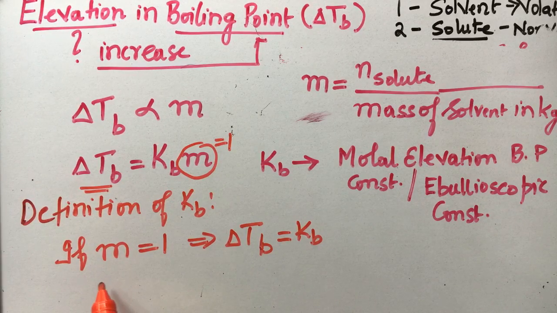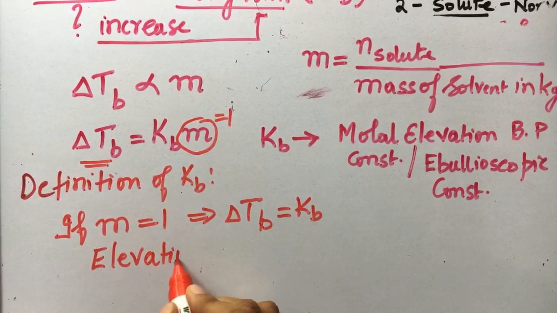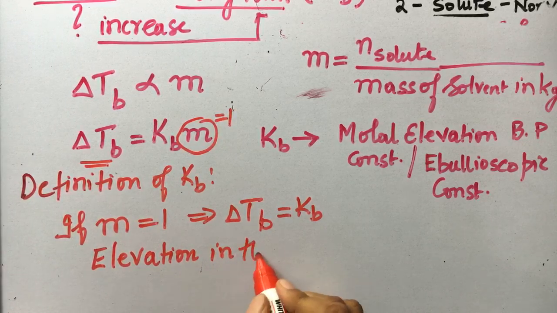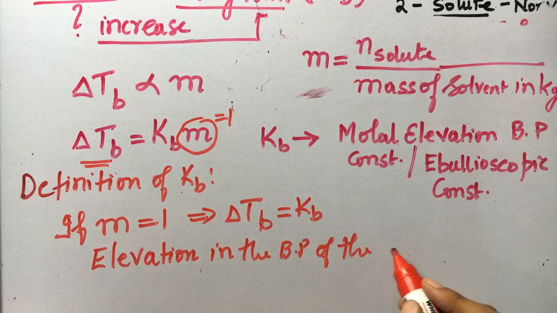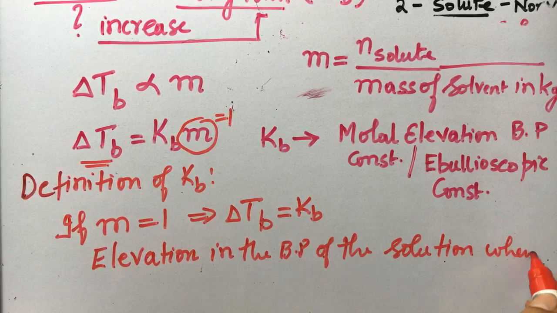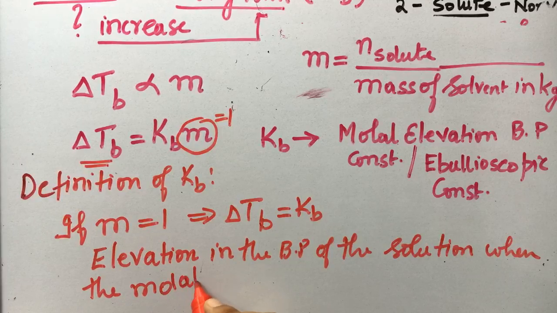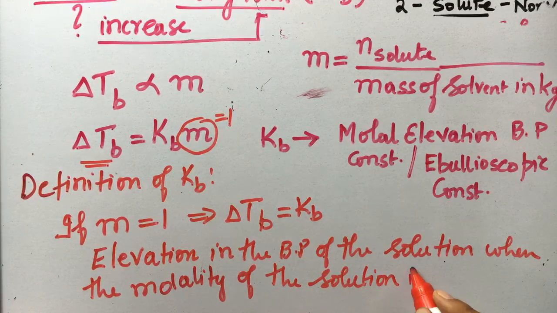It is defined as the elevation in the boiling point of the solution when the molality of the solution is unity, or 1, or when 1 mole of solute is dissolved in 1 kg of solvent.